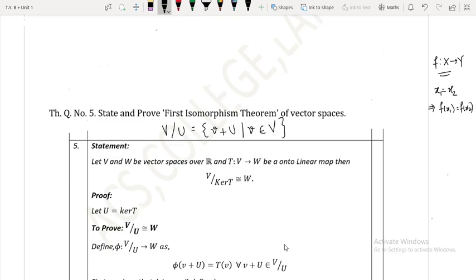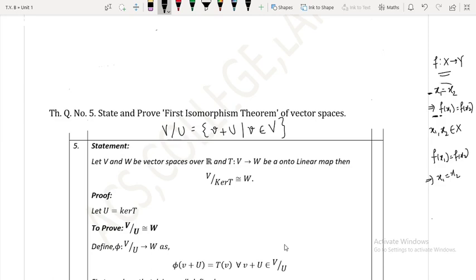That is, we assume this and we have to prove this. If we can prove this, then we say it is a well defined map, and this x1 and x2 are members of X. Okay, and what is a one-one function? It is the converse of this. We assume f of x1 is equal to f of x2, and we show that x1 is equal to x2.